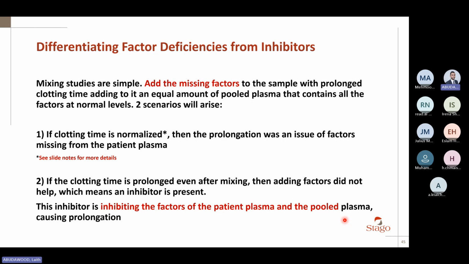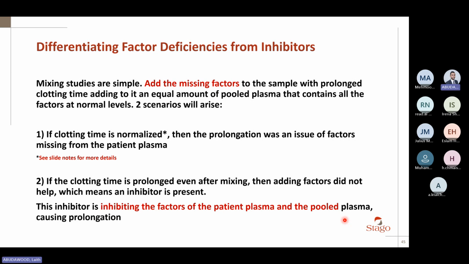What's the inhibitor? I always have to investigate more to specify the inhibitor. But it tells you whether factor deficiency is the cause of prolongation or it's an inhibitor. How do I know what type of inhibitor? I have to investigate further. How do I know what factor is causing the factor deficiency? I have to run my factor assays.